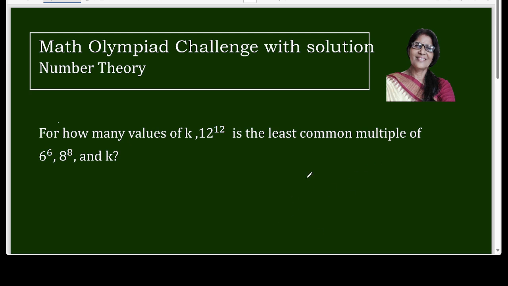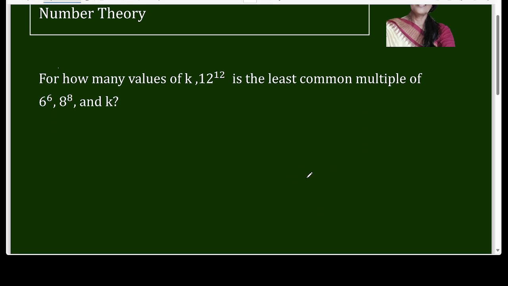Let's begin the answer. First we'll take the prime factorization of all the numbers. 12 power 12 is 2 power 24 into 3 power 12.